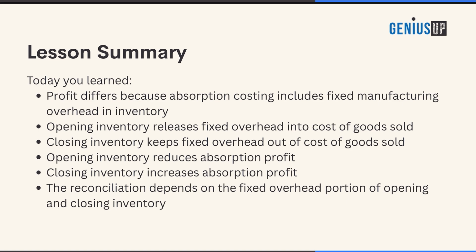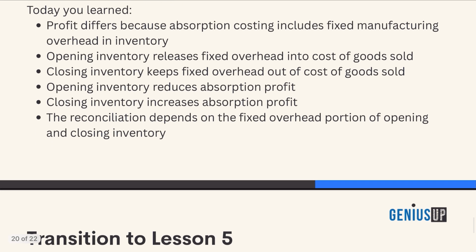Therefore, opening inventory reduces absorption costing profit because of this increased cost of goods sold. Closing inventory increases absorption costing profit because of this delay of fixed manufacturing overheads being expensed. And the reconciliation depends on the fixed overhead portion in opening and closing inventory.